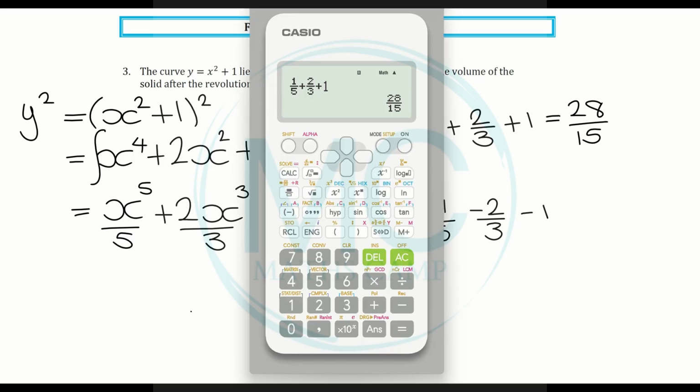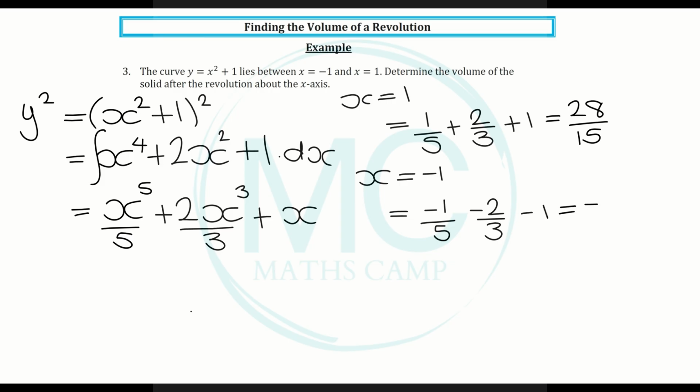Take your calculator. We have -1 over 5 minus 2 over 3 minus 1 is equal to -28 over 15.